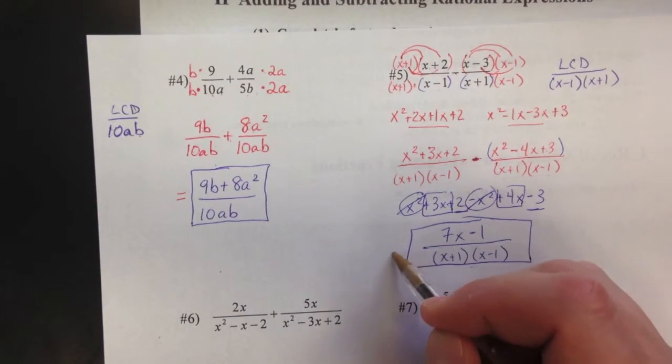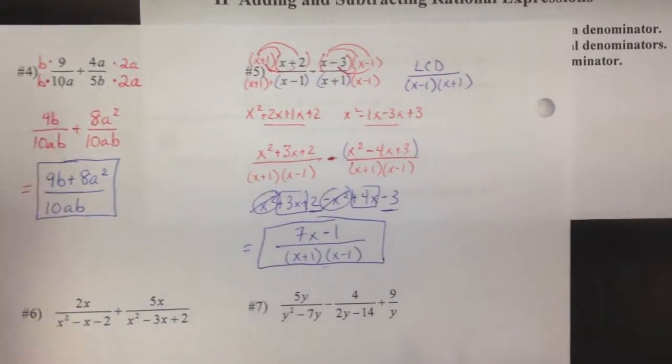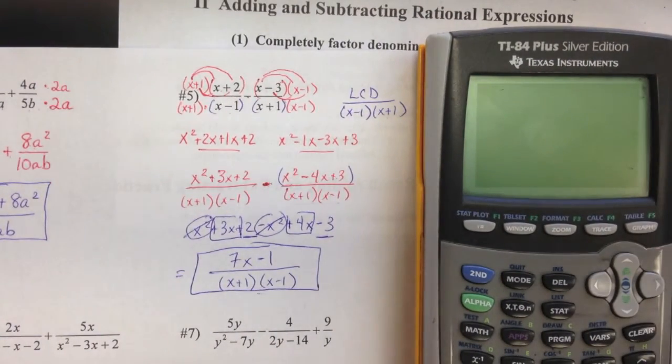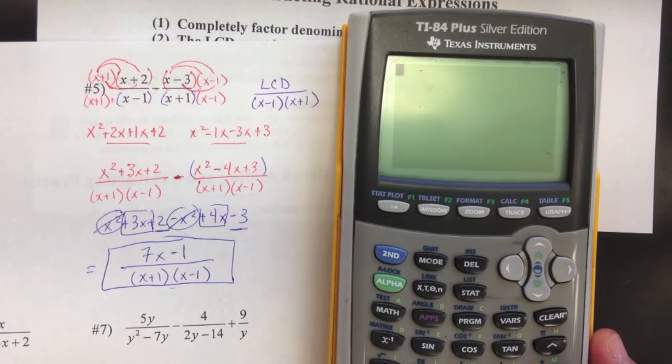Now, one question you might be asking yourself, how do you know that this is correct? Well, I'm going to show you how you can do this if you have a calculator, like a TI-84 or TI-83. I'm going to pick a number and store it for x. I'm going to take a number with a decimal, like 5.7, and store it.